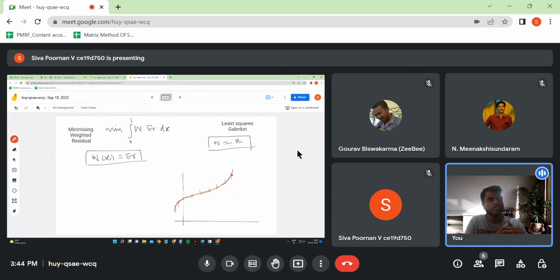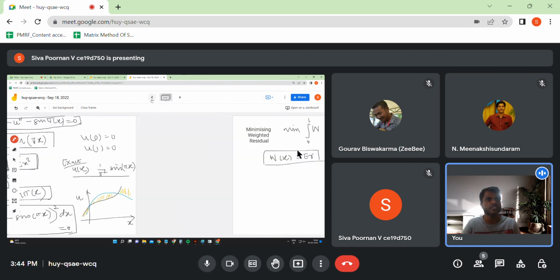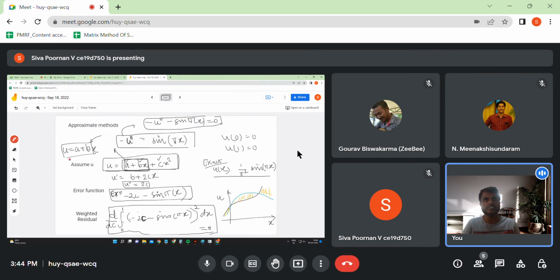And how do we know that we are substituting a linear variation? By assuming such a function. Okay, and we have also studied the concept of shape functions before, so we'll use that. Instead of writing it as a plus bx, as we have seen earlier, we can say u is equal to n1 u1 plus n2 u2. Instead of having a and b as variables, we can have u1 and u2 as variables.